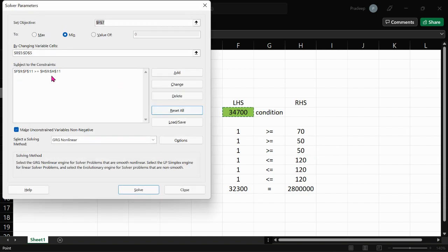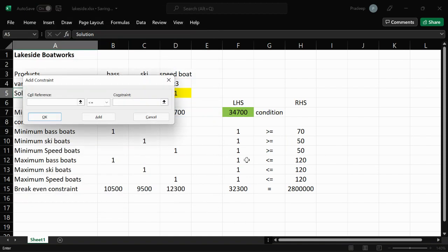So this is how I define three constraints. Next, for the other three constraints, again add, select these three. Now the condition is less than or equal to, go to the right side, select these three and say add. Finally I will add this one equality constraint: the left hand side, then equal, and then this one, add.